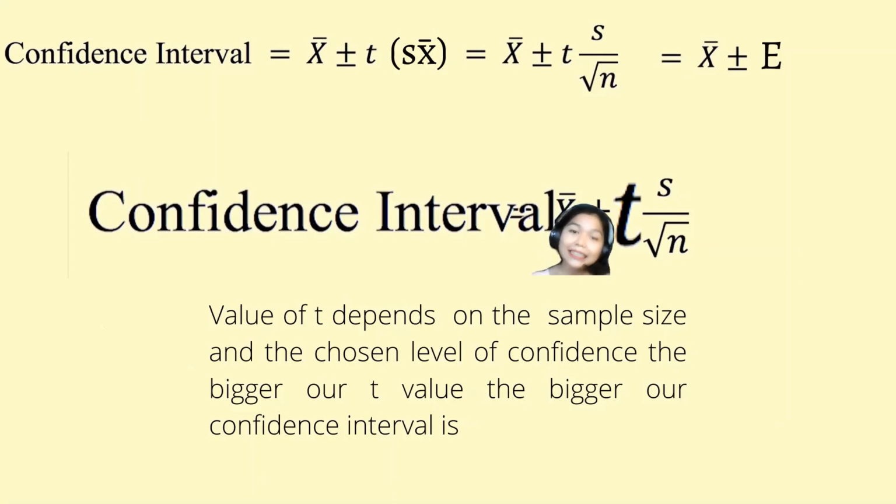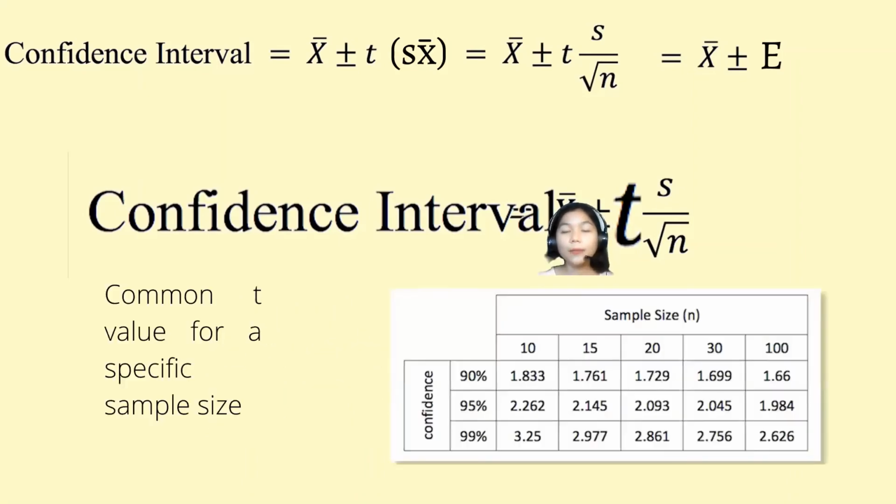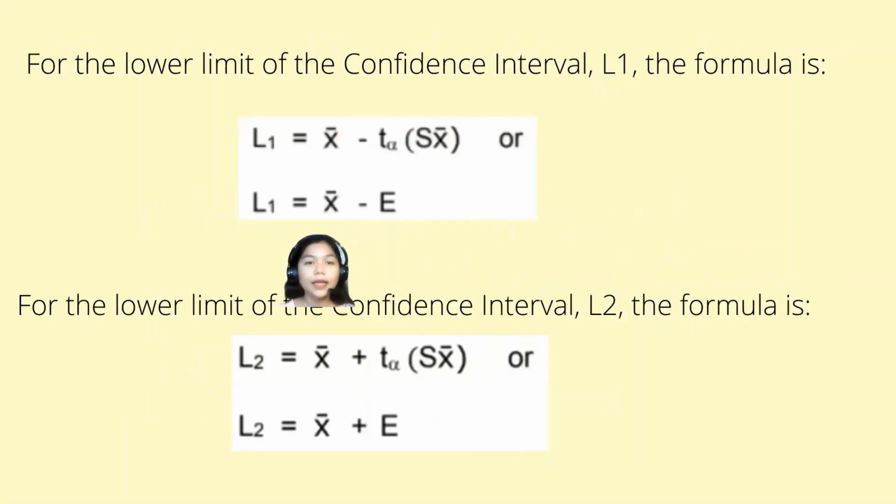The bigger the T, the bigger the confidence interval. So, I want you to remember po, ito po ang mga common na T value for specific sample size. So, please familiarize all of this. Hindi ko na po sila isa-isahin. Okay? Tapos, always ko din pong na-mention na pagka-confidence interval, meron dapat lower at upper limit.